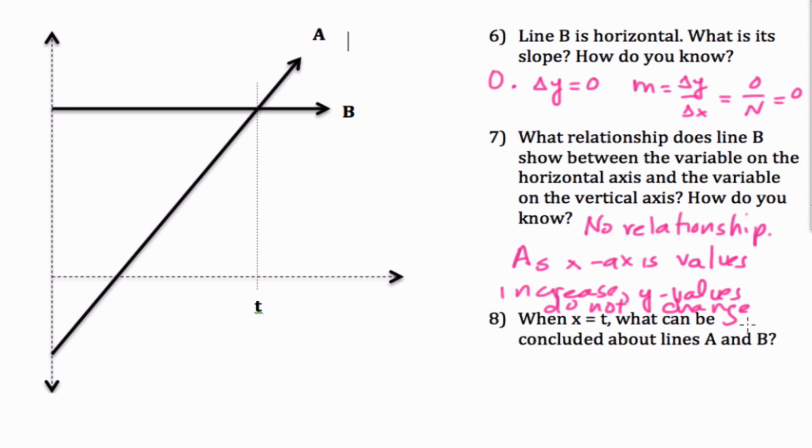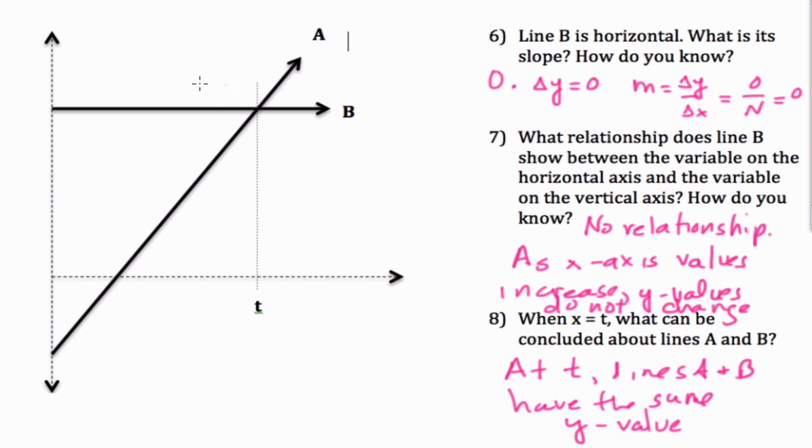Number 8, when x equals t, what can be concluded about lines A and B? And this is trying to trick you into saying they have the same slope at that instant. They don't. A has some positive slope, this entire graph, and B has a 0 slope, this entire graph. So at t, lines A and B have the same vertical axis value.